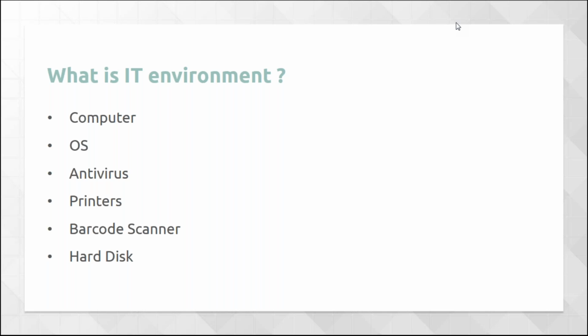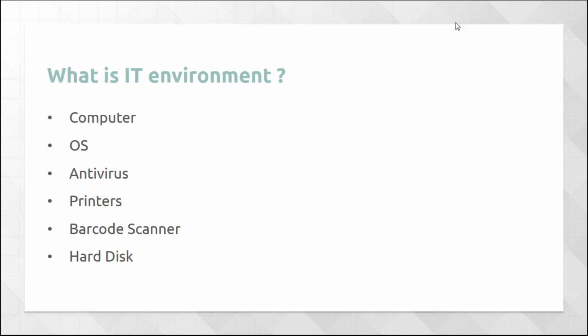Okay, so first we'll see what is the IT environment and how it has to be taken care of. As you know, computer forms the basis of the IT environment. The second is you should have a compatible OS. If you're buying any computer which is pre-assembled, then it will have a compatible OS.